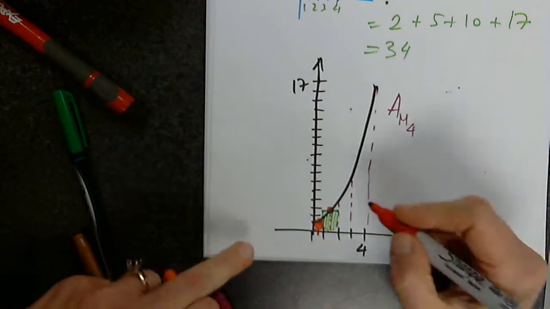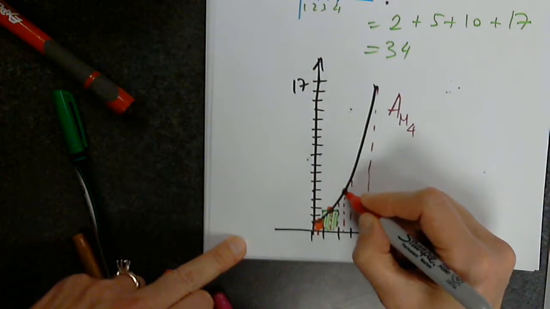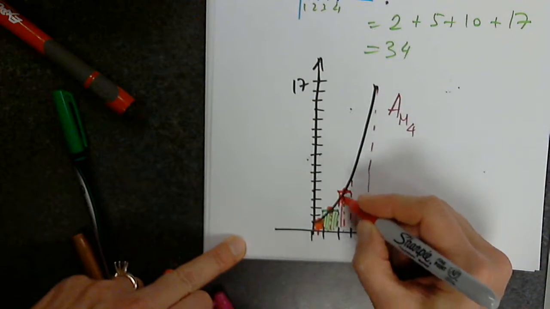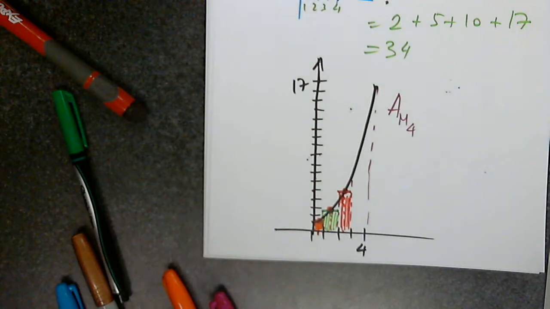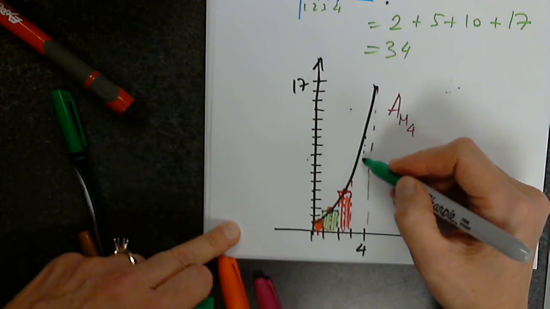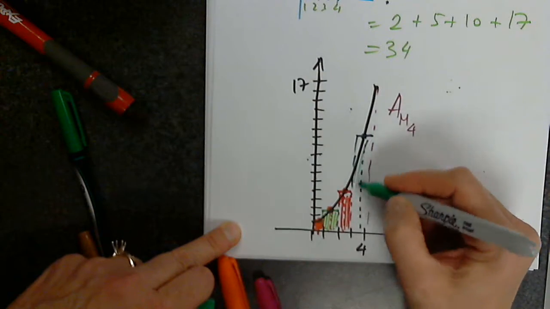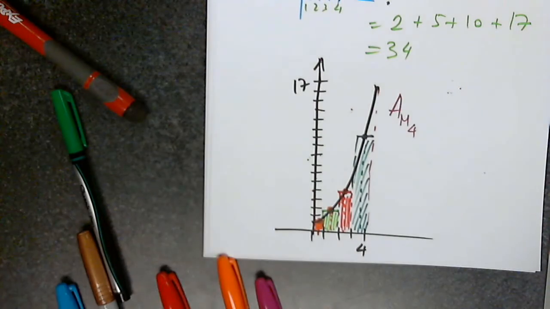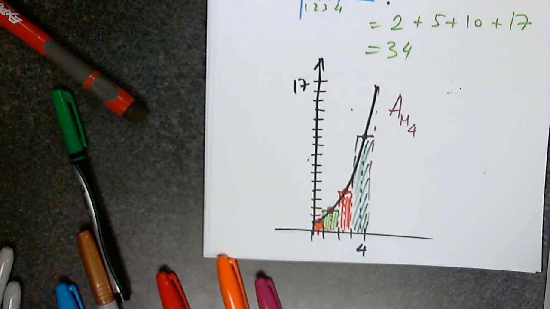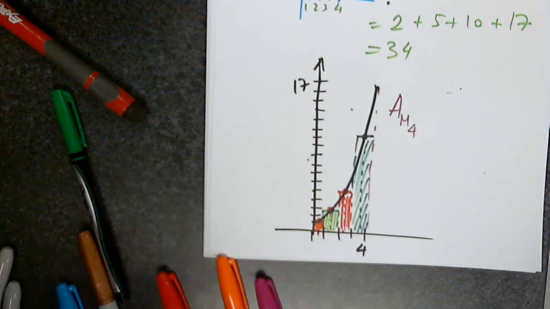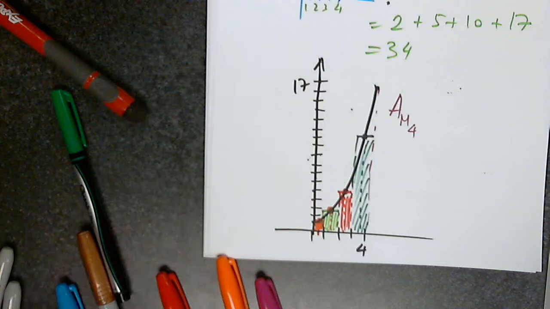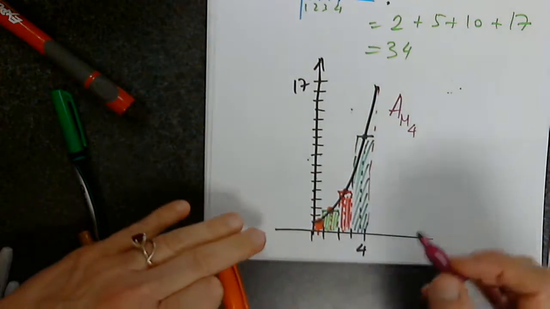Midpoint, height, rectangle. And finally, midpoint, height, rectangle. Will this be the best approximation of the area under the graph of x squared plus 1 using 4 rectangles or not? Of course. Still base times height.